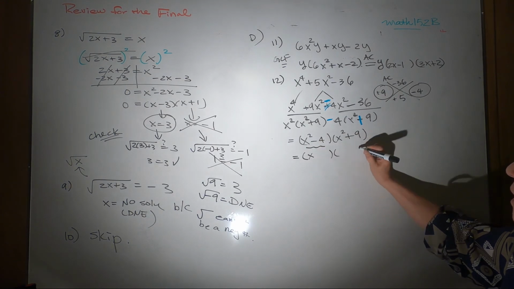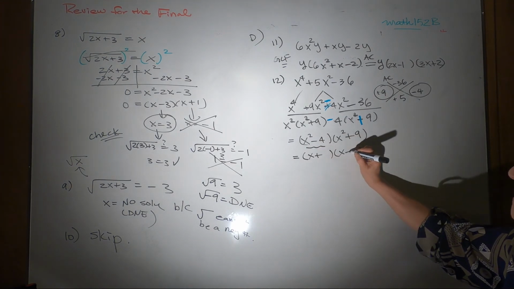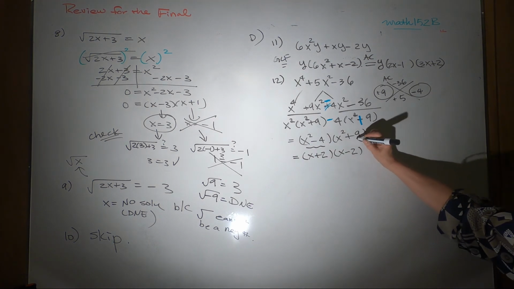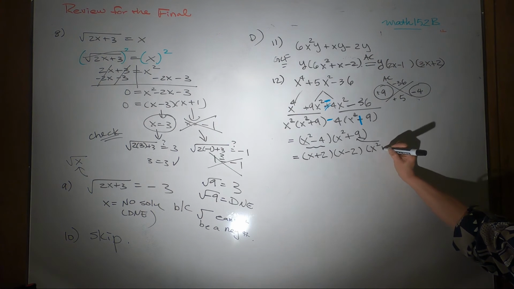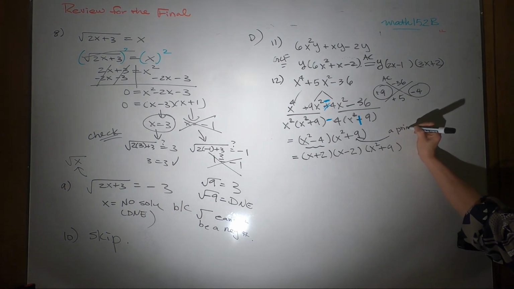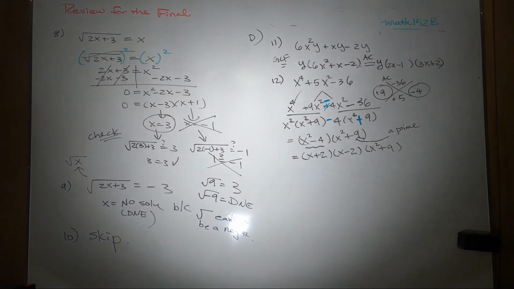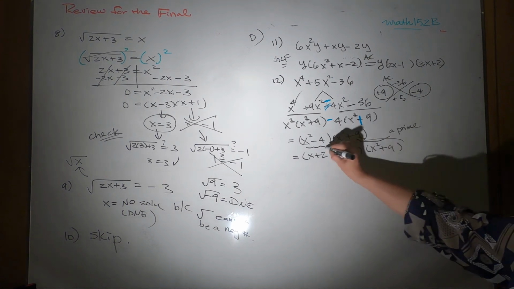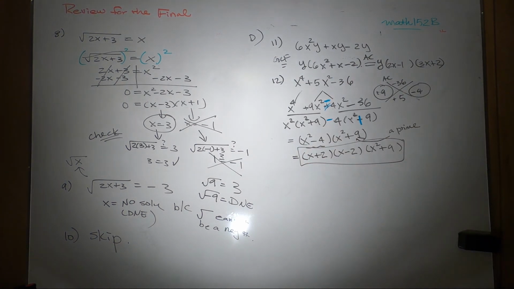So that will be x plus 2 and x minus 2, right? How about this one? The sum of two squares we say is what? A prime. The difference of two squares, we need to break down more. Okay, so that will be our answers.